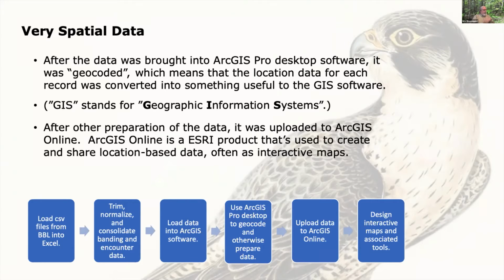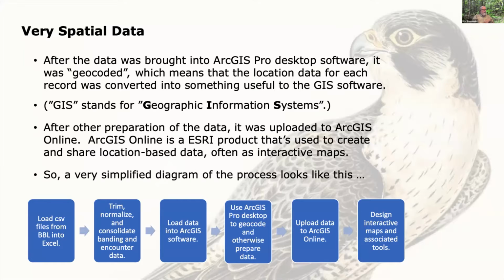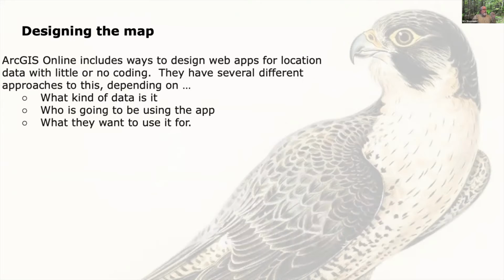So down at the bottom there is a very simplified diagram of what I went through just to get to the point where the data is in the system for me to design an interface.